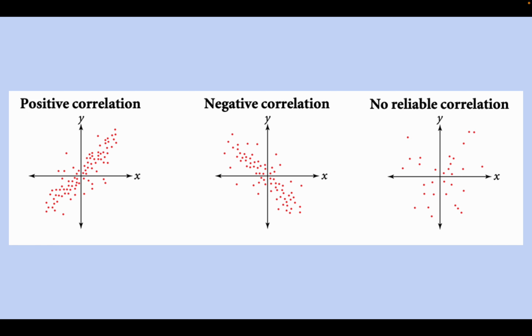A positive correlation with scatter plots slopes upwards, so in a normal linear graph, it would have a positive slope. Negative correlation is exactly the opposite, a negative sloping scatter plot. And no reliable correlation means there's no relation at all. It's just scattered about evenly. It's not a negative slope, it's not a positive slope, it's just everywhere.